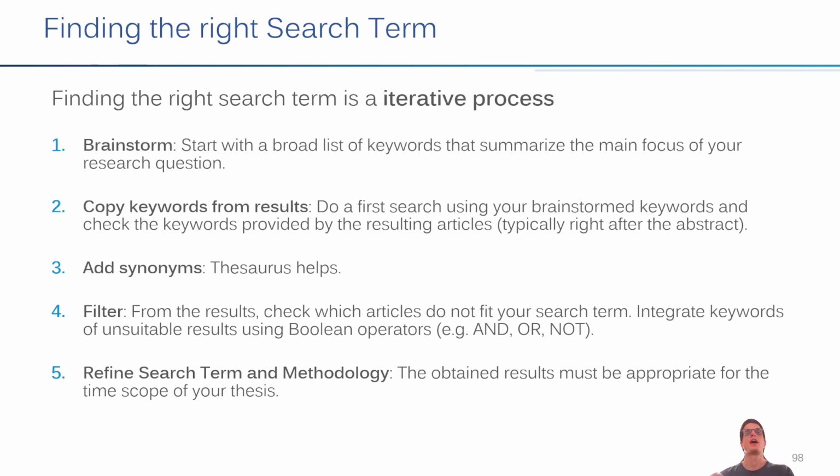So you can identify the keywords that would deviate away from the research question and put them in with a not statement into your search, excluding all the results that would not fit anyway. And by this, you end up with a more manageable amount. In the end, it can still be a lot, but it's a good tool to filter.